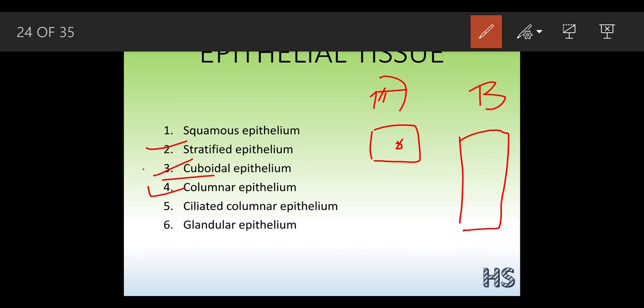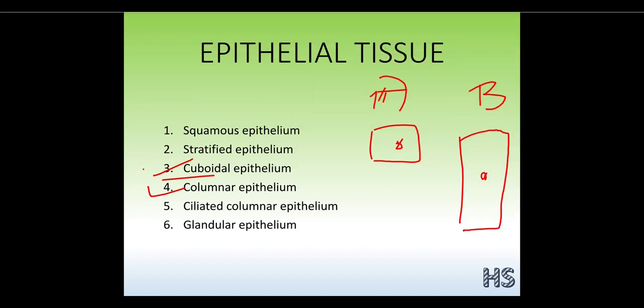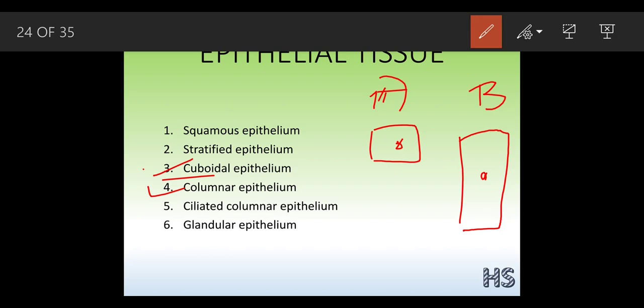Inside this there is a nucleus present in both of those tissues. If you look, you will notice that this cuboidal is smaller in size, but when it becomes like this, like a building shape, we call it columnar.